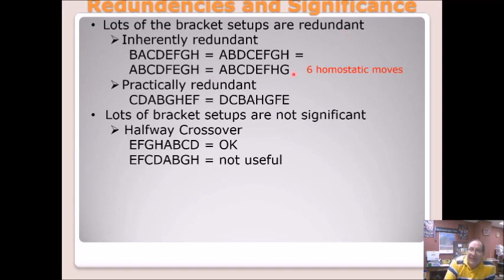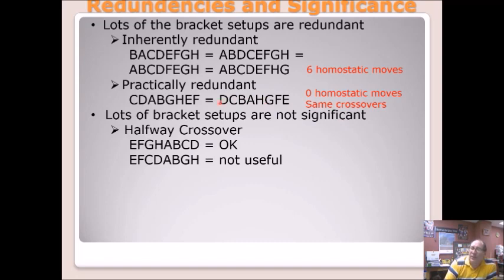So for example, these things are inherently redundant, so exactly equal. These 2 terms here, so CDAB, GHEF, I think you will find that they are practically redundant. They aren't, it doesn't have to be the case, but I think you'll find that they are in practice going to be the same.